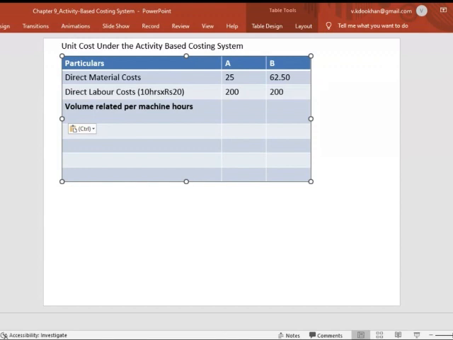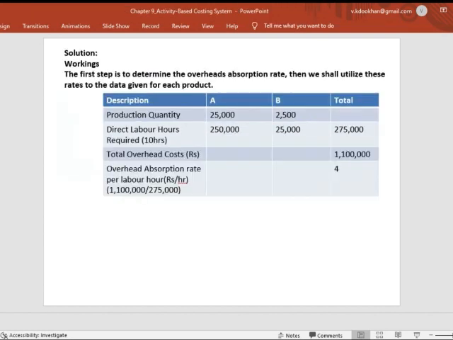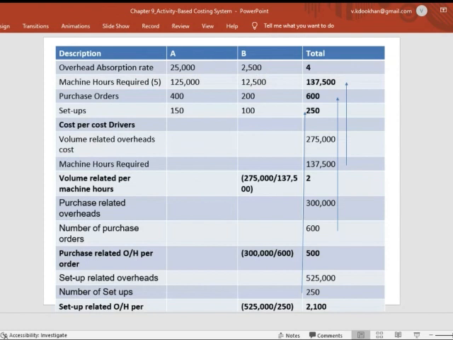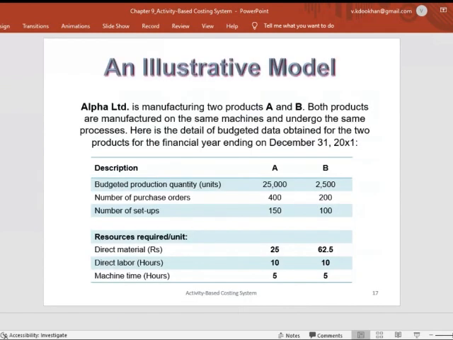Volume related overhead, based on the machine hours, gives us 2. Let me check this.